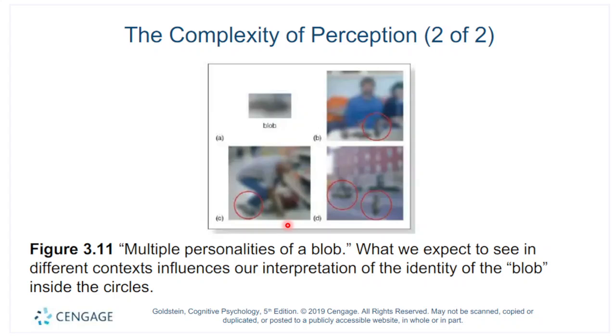So, alam natin na with blob A or blob B, it's a picture of... or the one in the red part for blob B is an object on the table.